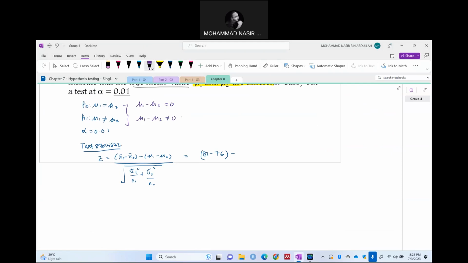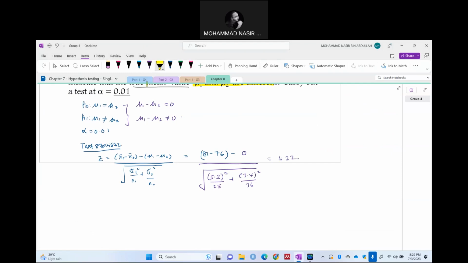So mu1 minus mu2 should be equal to 0. Right? So divide by the square root of sigma 1 squared, sigma 1 is equal to 5.2, 5.2 square divided by n1 equal to 25, plus 3.4 square divided by 36. So this one is going to be 4.22, right?